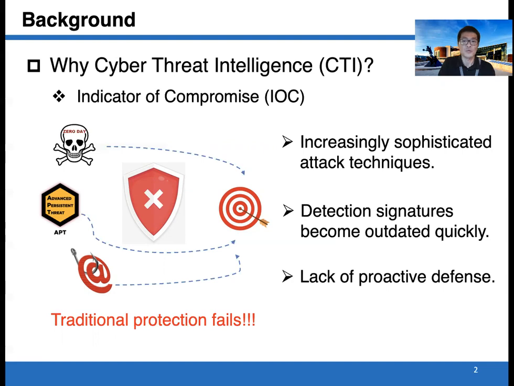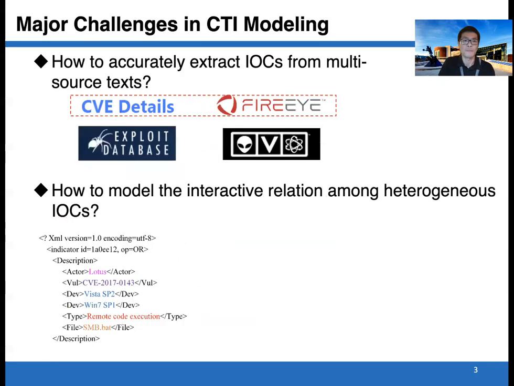CTI has created a thriving multi-billion-dollar market. Established security companies with roots in antivirus software or network IDS are now providing threat intelligence for sale. IOCs can be extracted from different data sources such as exploit database, security blogs, social networks, and so on.